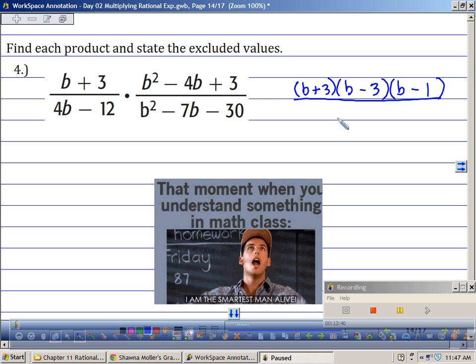All over 4 times b minus 3. C and D. 30. How would I break 30 up? And which one would be negative? 10.